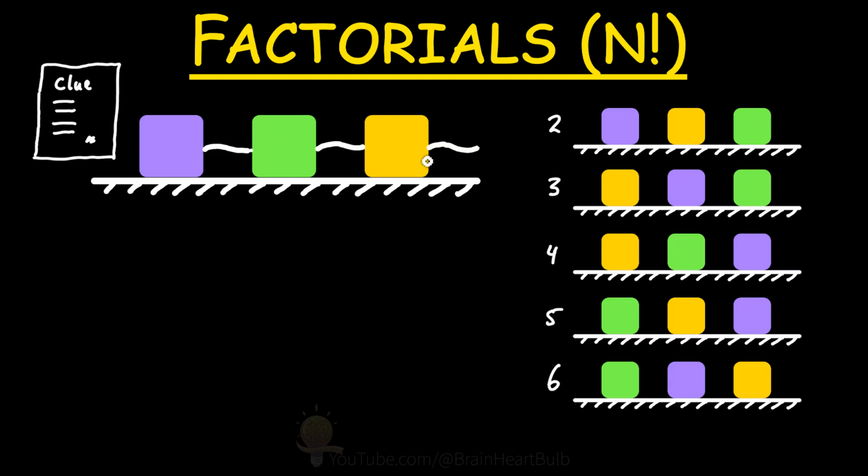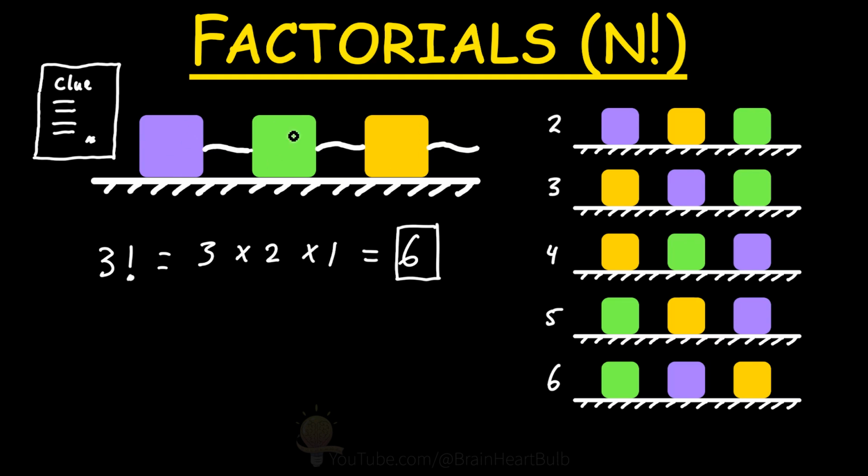So we've got 3 different items here, and the number of unique combinations can be represented by 3 factorial. And 3 factorial is equal to 3 times 2 times 1. And that equals 6. And this is the number of possible arrangements we can have when we've got 3 unique items.